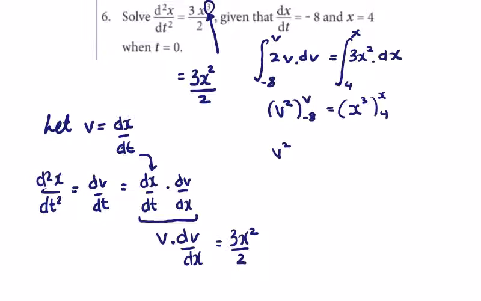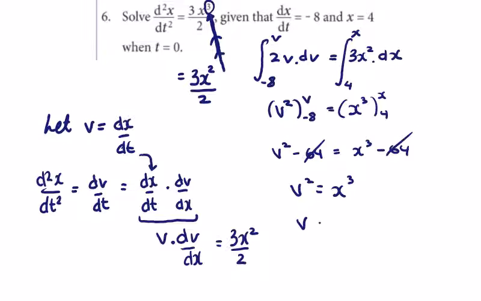So we get v squared, putting v in, minus 64 to minus 8 will become positive, so it's negative, equals x cubed, again minus 64. So the numbers don't cancel when it's this question that was given. Please send your solutions through if you have them. So we're going to get v squared is equal to x cubed.